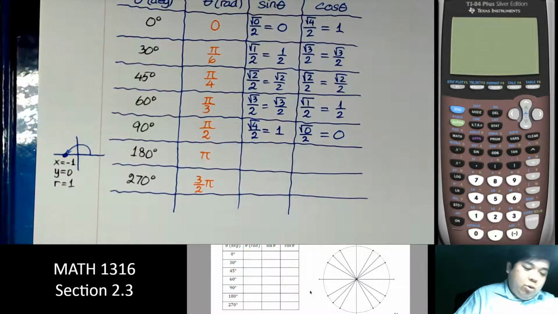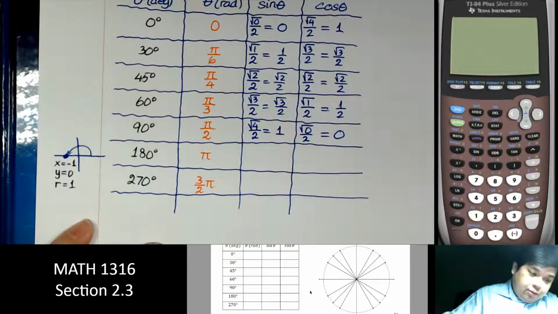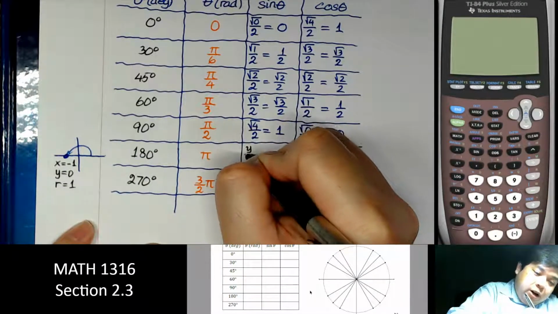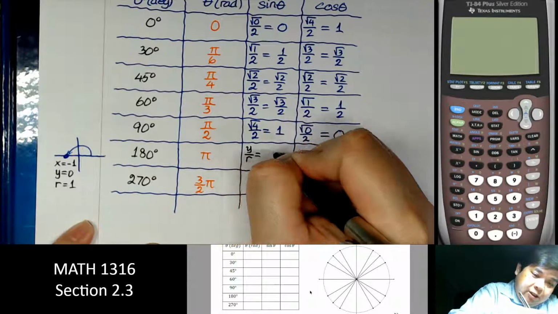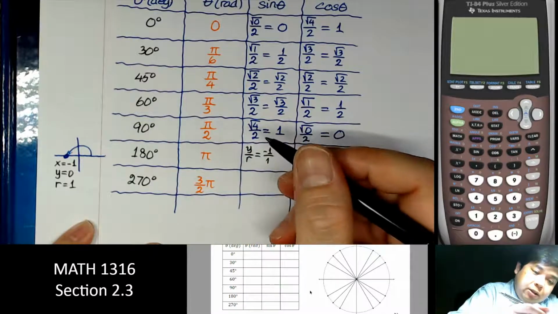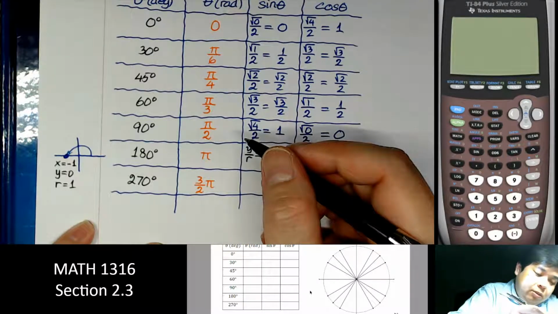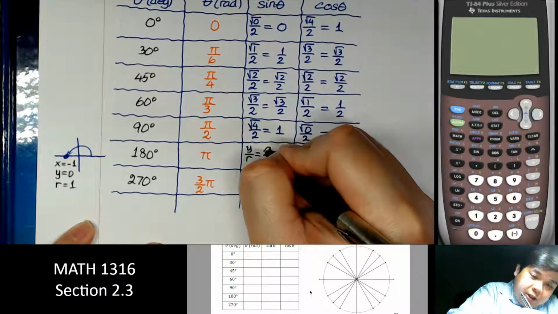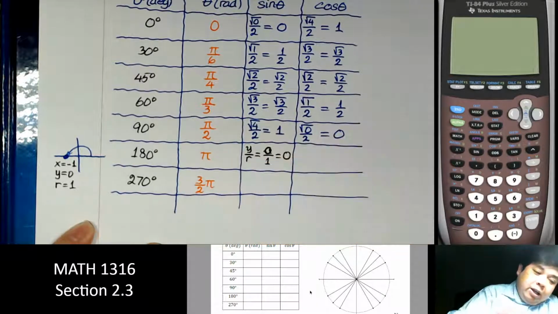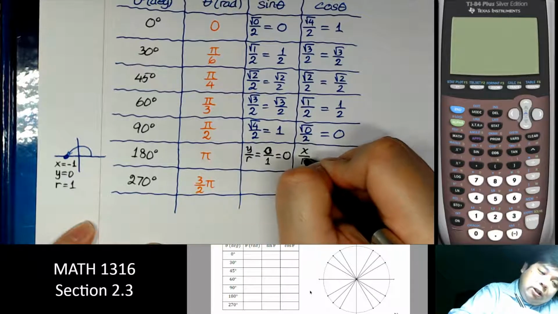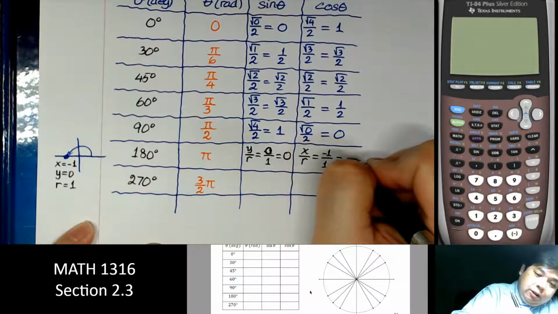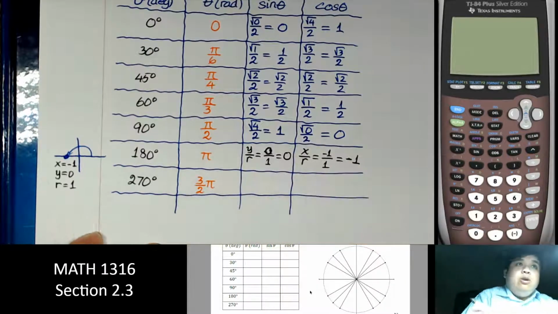So then we just have the ratio of sine is y over r, y over r is 0, and cosine is x over r, so -1.